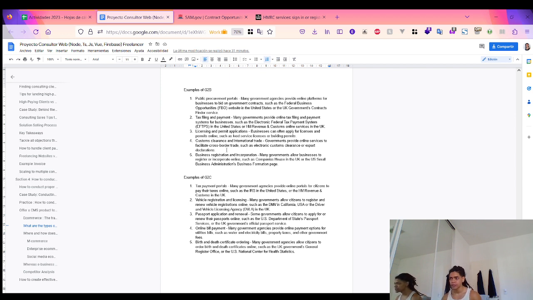Okay. So license and permit applications, customs clearance, and international trade. Governments provide online service to facilitate cross-border trade, such as electronic customs clearance or export declaration.